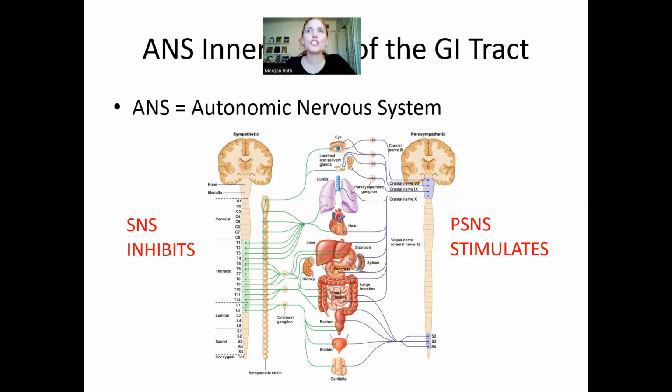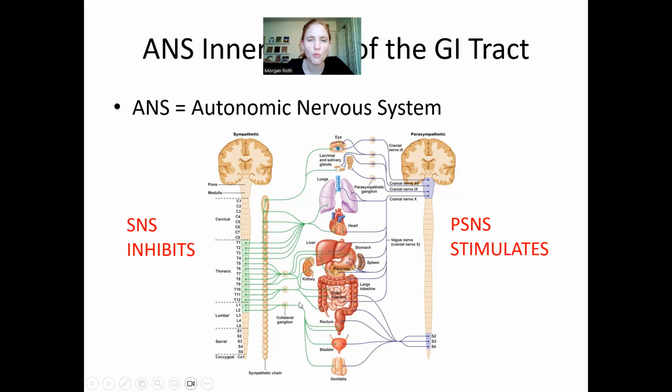Okay, so generally speaking, and there are some exceptions that I'm going to point out, the parasympathetic nervous system is going to stimulate activity in the digestive system, and the sympathetic nervous system is going to suppress it.